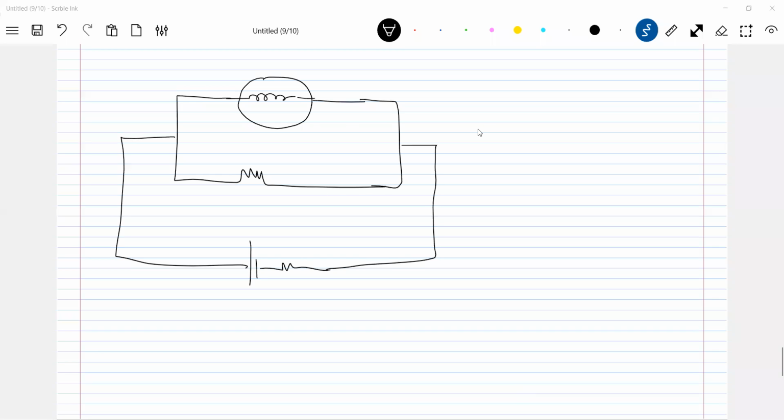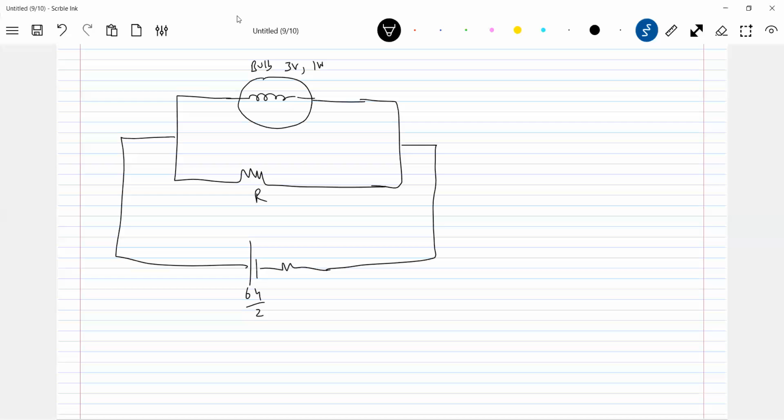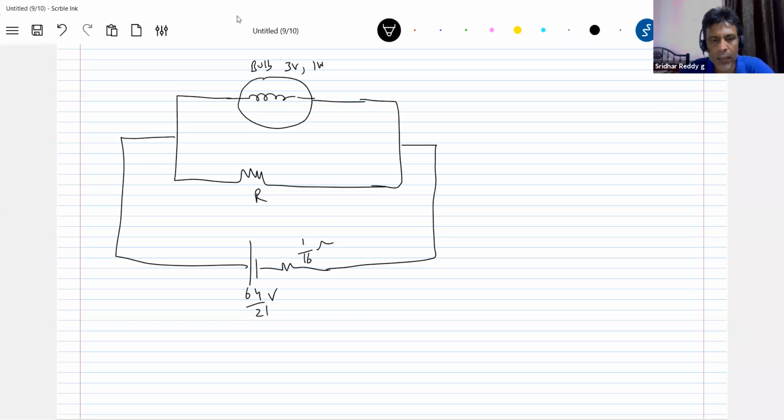Okay, let's take this question. This is a bulb, where the voltage rating is 3 volt and the power rating is given as 1 watt, and the internal resistance of the source is 1 by 16 ohm.